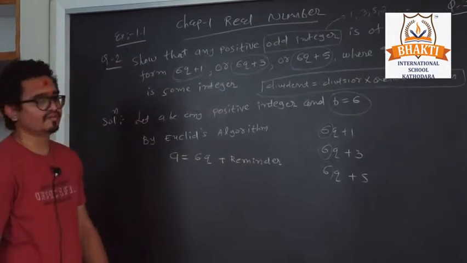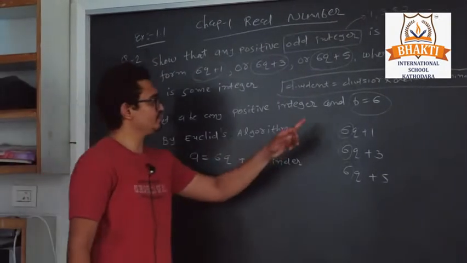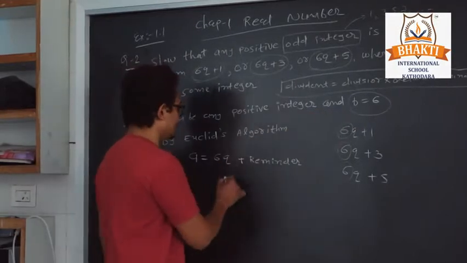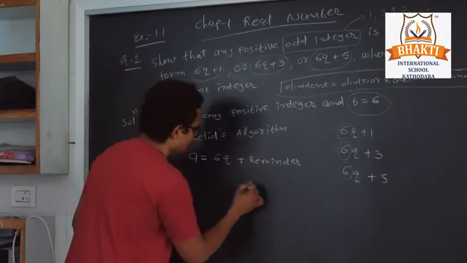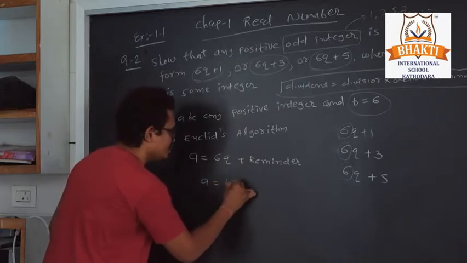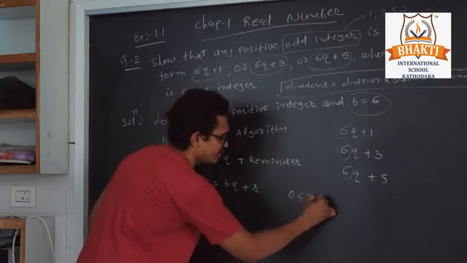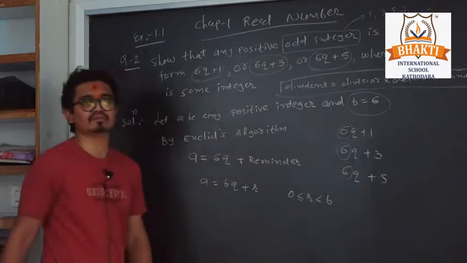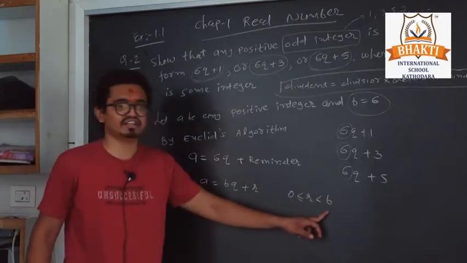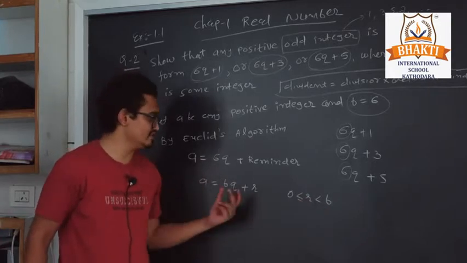Here we have one more condition: a is equal to bq plus r and 0 less than or equal to r less than b. That condition is very important in this sum.